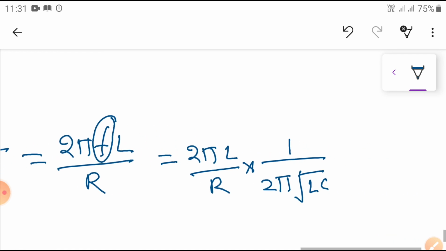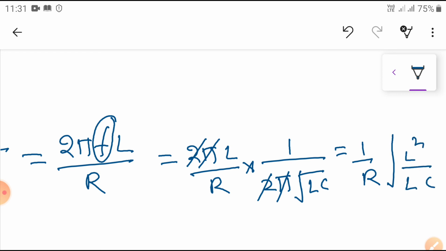Then 2 gets cancelled, pi gets cancelled, and I can write 1 by R. Then substituting, we have L square by LC. L square will go, and we get 1 by R root of L by C as the Q factor.